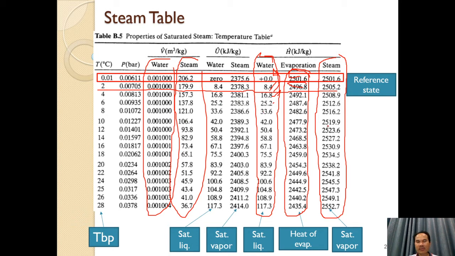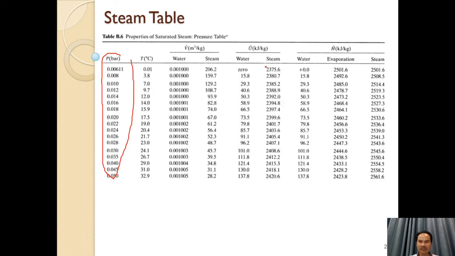And also 2501.6 is referring to liquid water at 0.01 Celsius. For this table, the property is referring to the triple point already. Enthalpy is also delta enthalpy, U is also delta U, V also delta V, S also delta S, because we reference to the triple point at 0.01 Celsius already. That's okay.